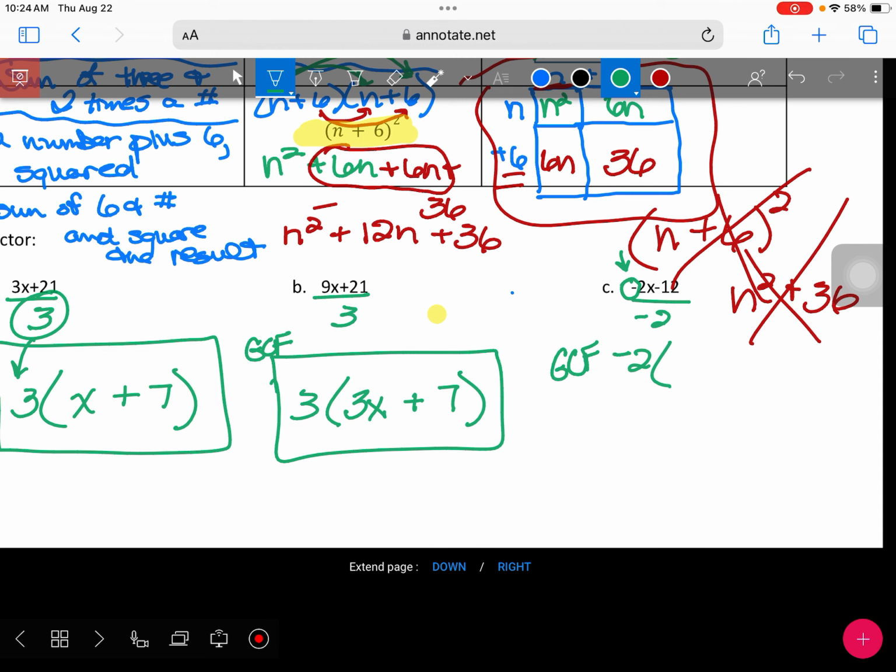Negative 2x divided by negative 2 is x, and negative 12 divided by negative 2 is 6. And if you're not sure, go back and distribute and make sure you get your original expression, right? Negative 2x minus 12. Boom, I know this is then correct.